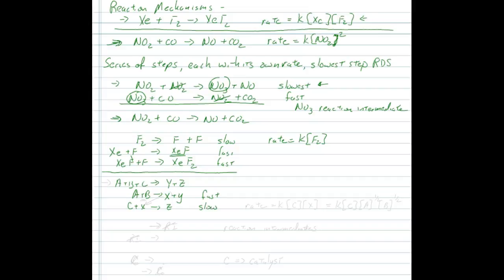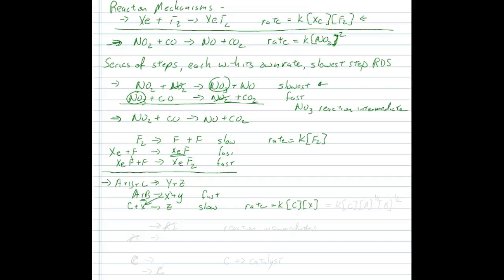Well, the rate is k times the concentration of C times the concentration of X. But the rate law has to include the things that are in the original equation. Since there's no X, you have to manipulate these equations to find out what X is in terms of A and B and put it back in.